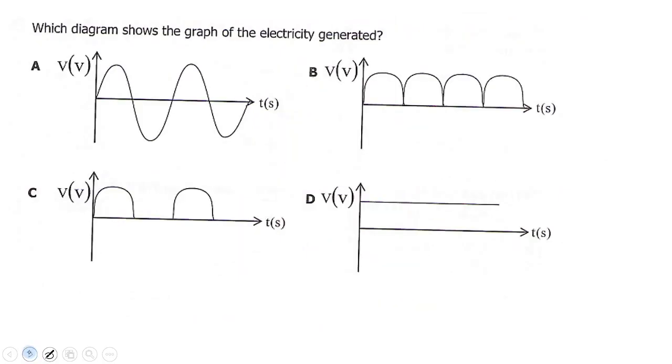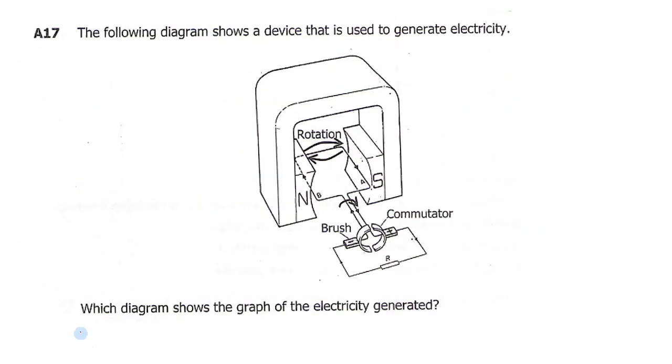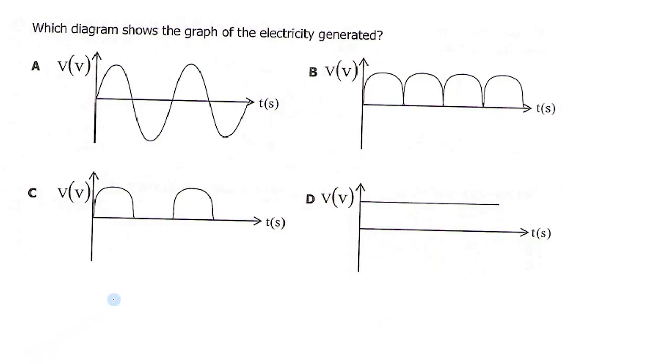Which diagram shows the graph of electricity generated? This generator here is a DC generator. The following diagram shows a device that is used to generate electricity. The one which has a commutator like this one is a DC generator. A DC generator will produce like this, but this one is with a rectifier.